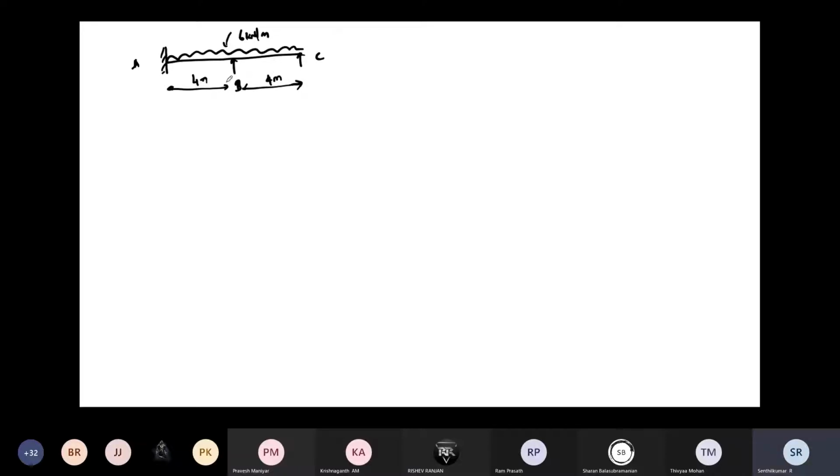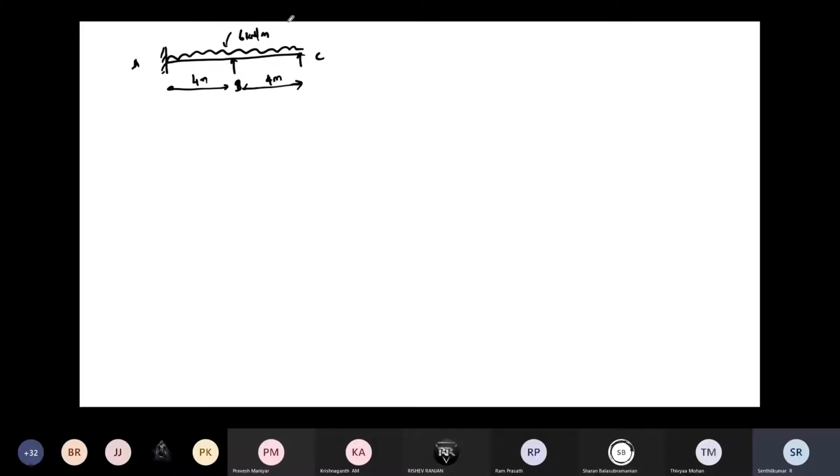C will be 0, you know that it is pinned, and B is a mixed support, so surely hogging will be there, and at A also we will have hogging since it's a fixed support. So do you have any guess how to calculate the moments at A, B and C?